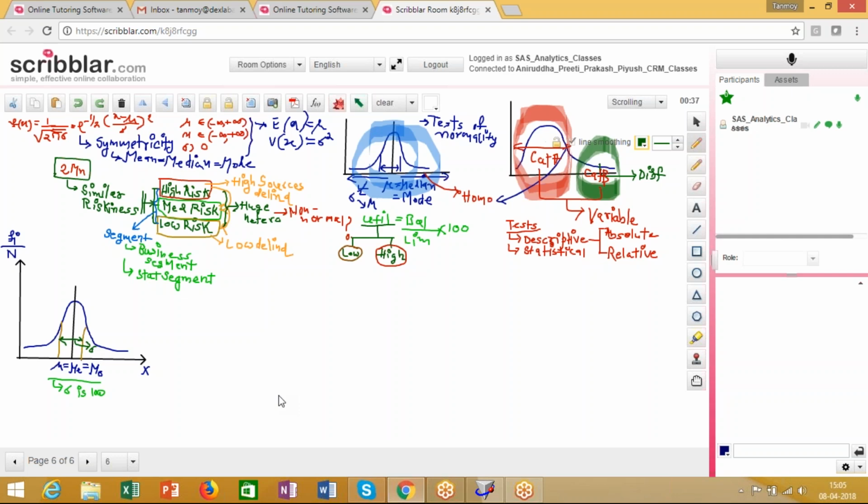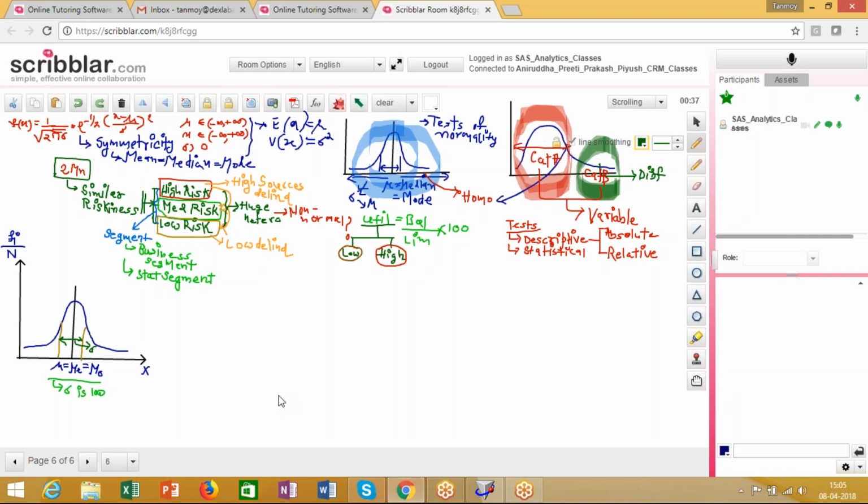Clear? Great. Now the next characteristic we need to look into: one is the mean equal to median equal to mode, the second is sigma.